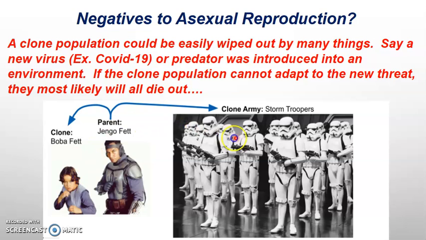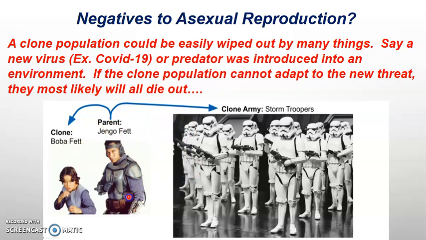All the original guys in white, the stormtroopers from the original Star Wars films, episodes 4, 5, and 6, which are the best, the originals, they're all identical versions of Jango Fett. So if their survival was based off shooting straight, if you've ever seen a Star Wars show, you know these guys can't shoot anything properly. One person could wipe out like 100 of these dudes. They would all go extinct if their life depended on shooting straight all the time.